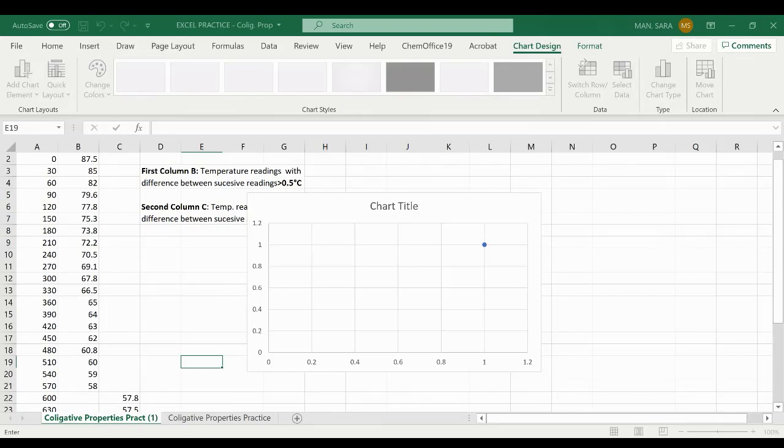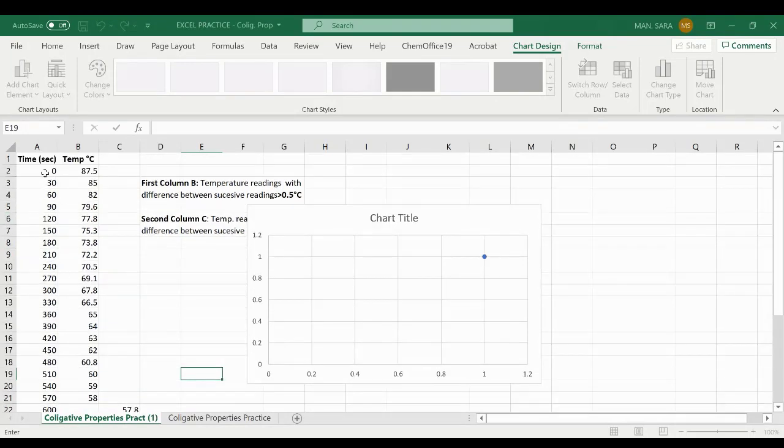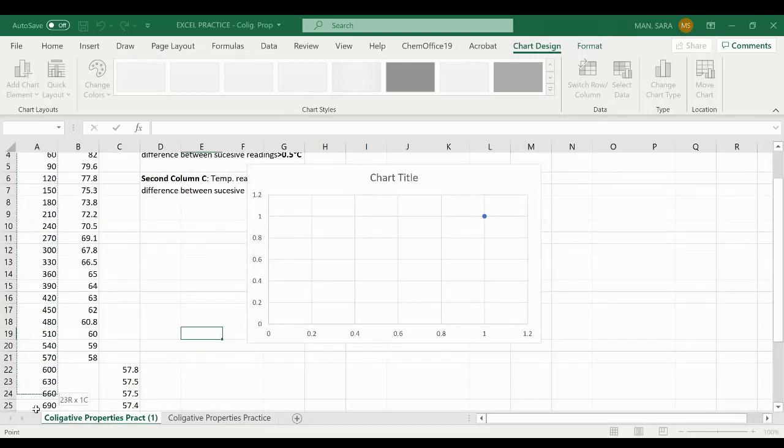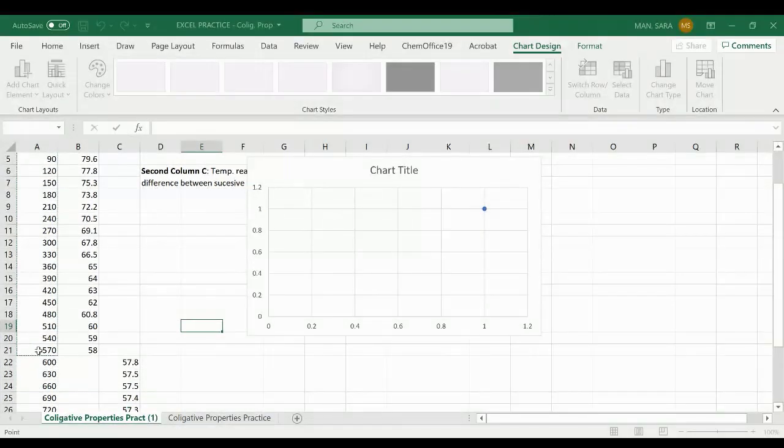So in our case, which one is X? It is the time. So we are going to highlight the time only until the column B ends.